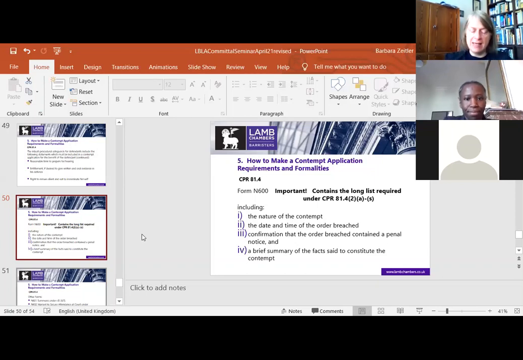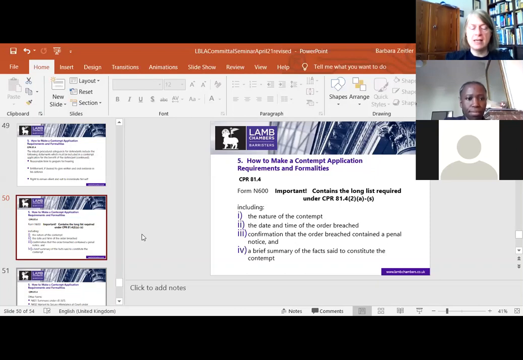I suspect a lot of you will be familiar already with Form N600, but I would still say it's required reading to put on your bedside table, so that you really familiarize yourselves with all the matters that Form N600 requires you to mention when making a committal application.